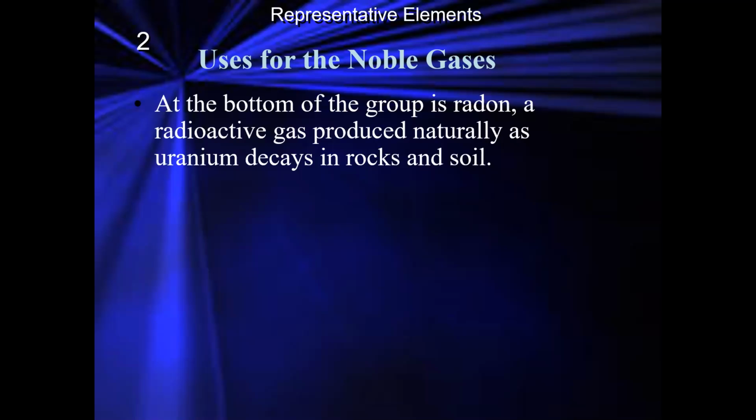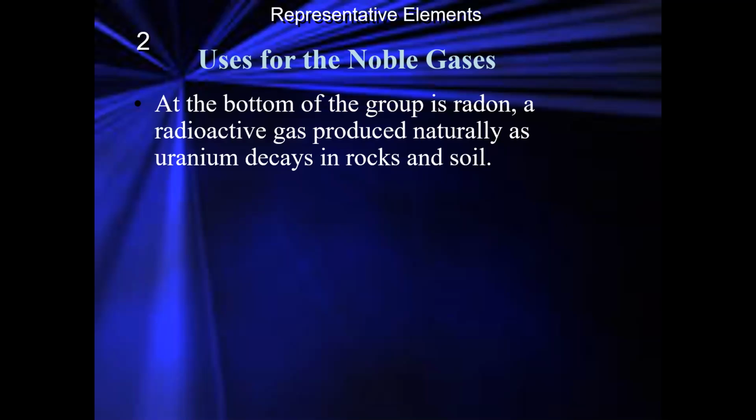At the bottom of the group is radon. Radon is a radioactive gas produced naturally as uranium decays in rocks and soil. Uranium is also radioactive, and it is used in the nuclear industry.